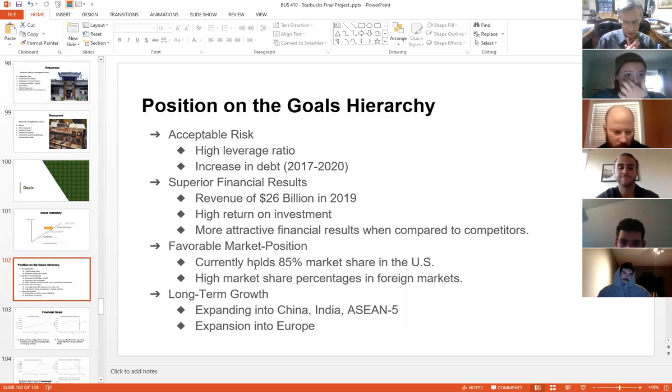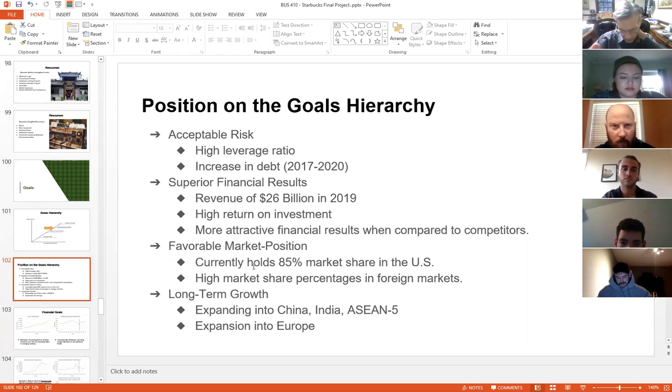This is a really good place to just remind you of something that I've tried to mention to you from time to time. The goals hierarchy isn't an all or nothing kind of thing. Instead, it's a model of where we place our greatest priorities. And we've got conflict for priorities in Starbucks because they've got each one of these factors here.